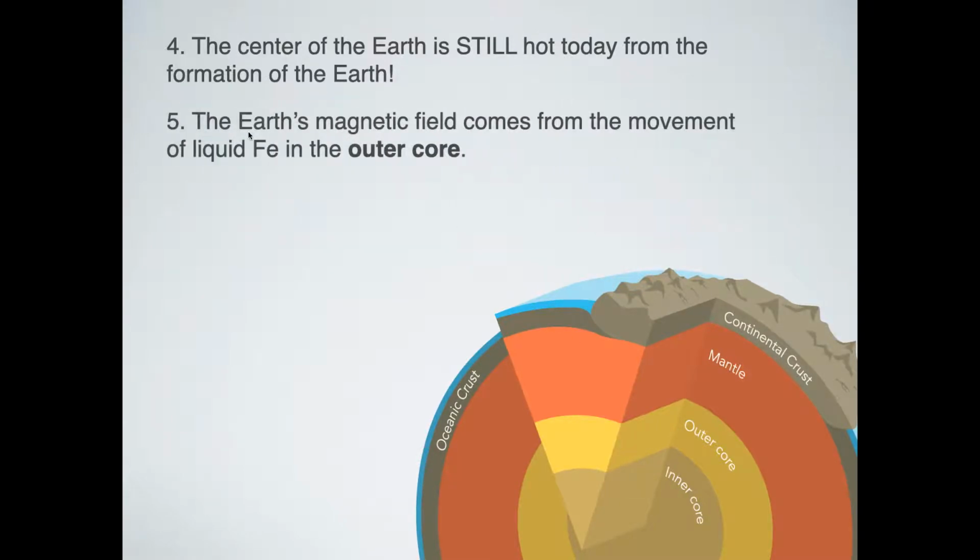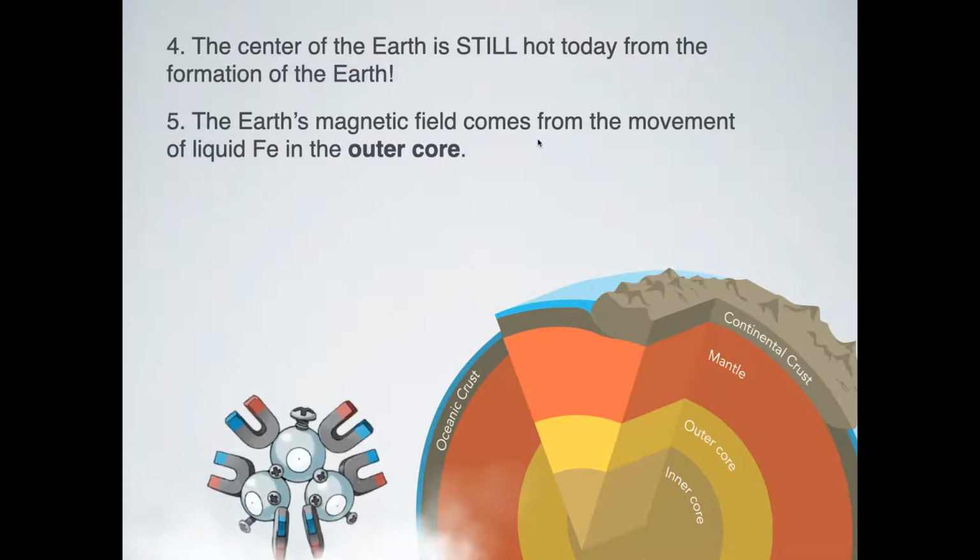And keep in mind, right, that the Earth's magnetic field does come from the movement of that liquid iron in our outer core. And that is very serendipitous, right? Because the magnetic field does help to protect us from a lot of dangerous solar radiation. And there you go, there's the magnetosphere.